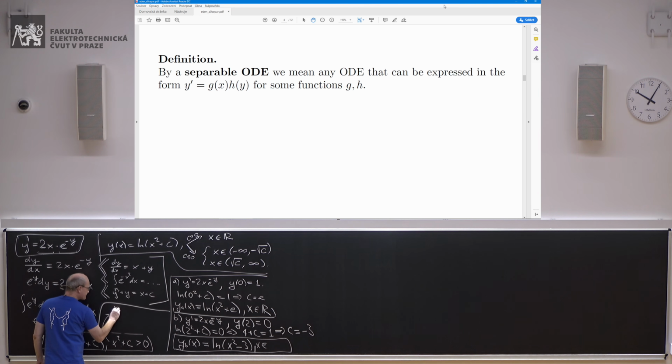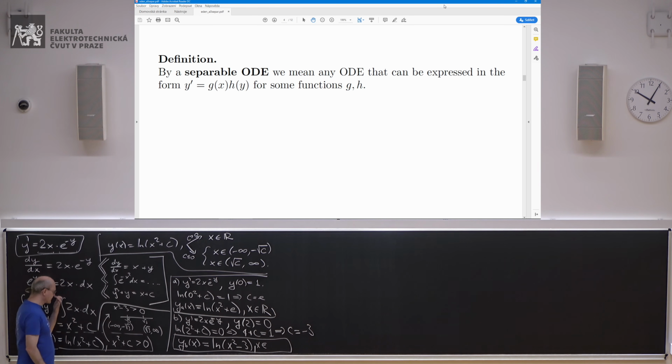My condition reads x squared minus 3 is positive. That's a very simple inequality, and when you think about it, there are two solutions. One of them is the interval square root of 3 to infinity, and the other one is the interval negative infinity to negative square root of 3. So there are two candidates for the region of validity.